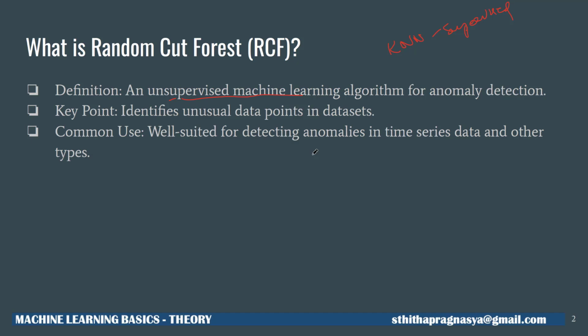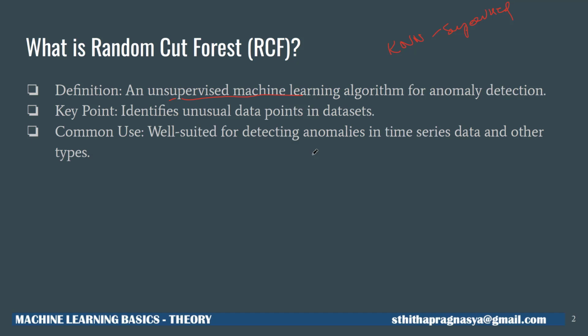It is designed to identify unusual data points in a data set, which might indicate anomalies, outliers, or rare events. RCF, which we will refer to as random cut forest going forward, is particularly well suited for detecting anomalies in time series data, but it can also be applied to other types of data.